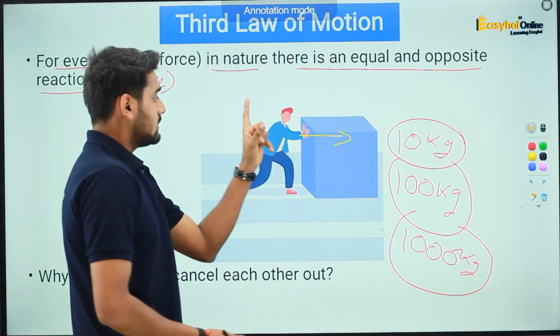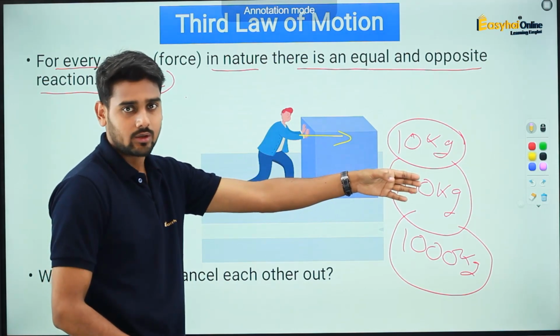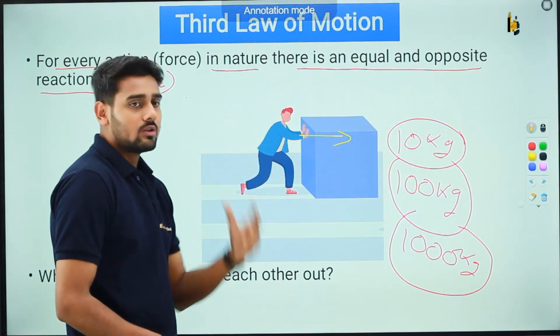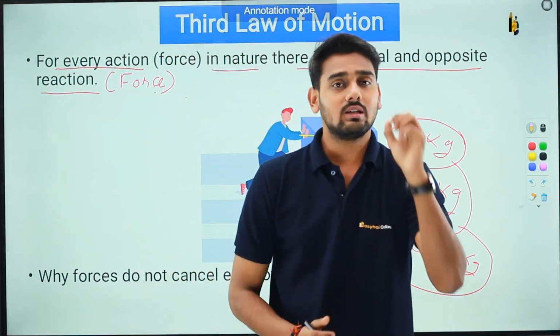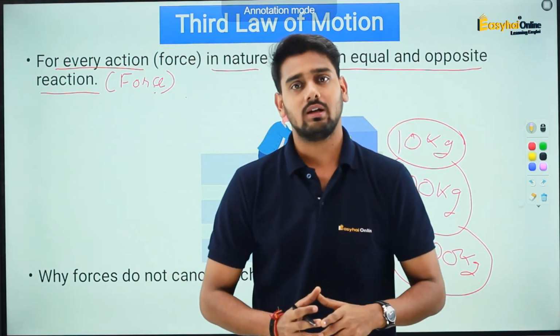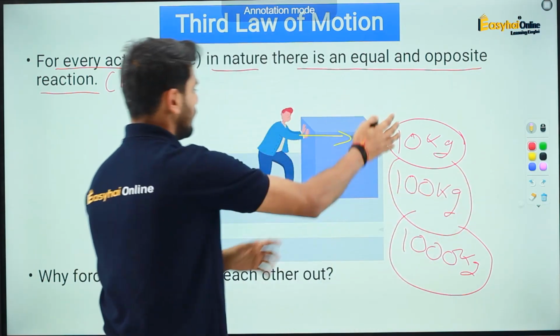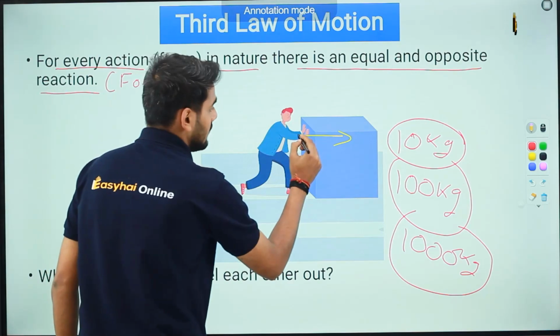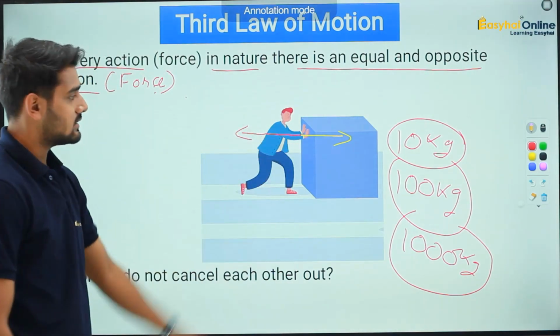In this case, this boy is applying a force in the forward direction like this. This law says that for every force, which is your action, there is an equal and opposite reaction. This means that if there is a force in the forward direction, there must be an equal and opposite force in the backward direction like this.